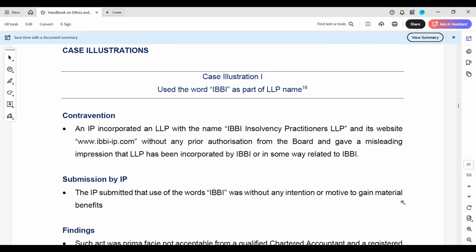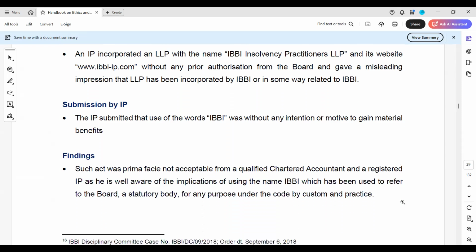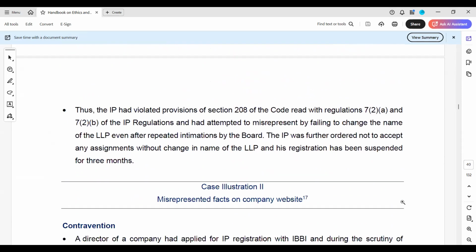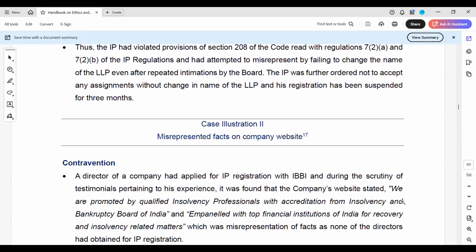Okay. Misrepresented facts on company website.